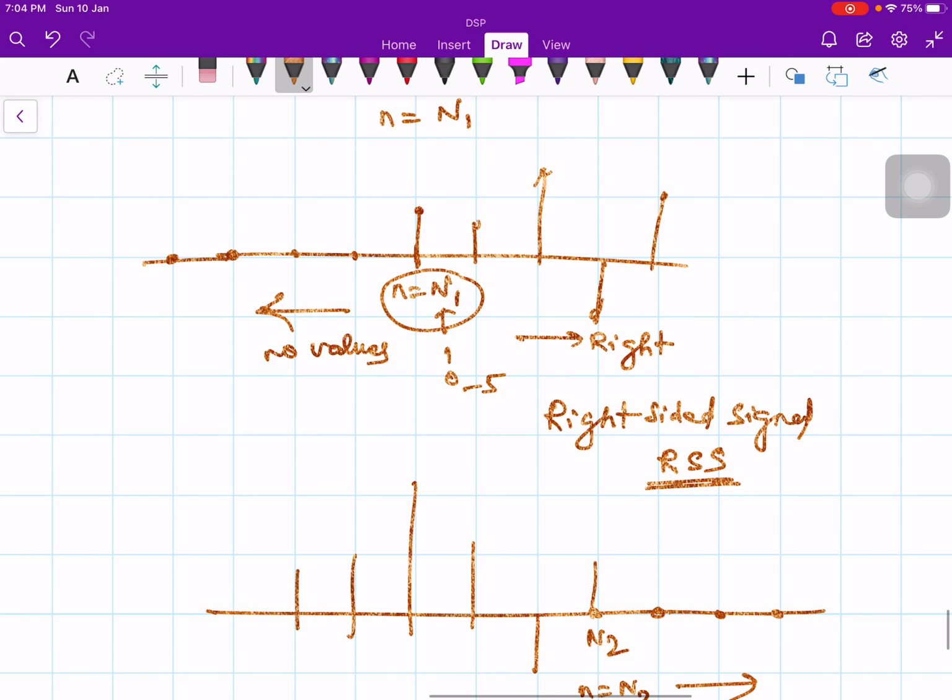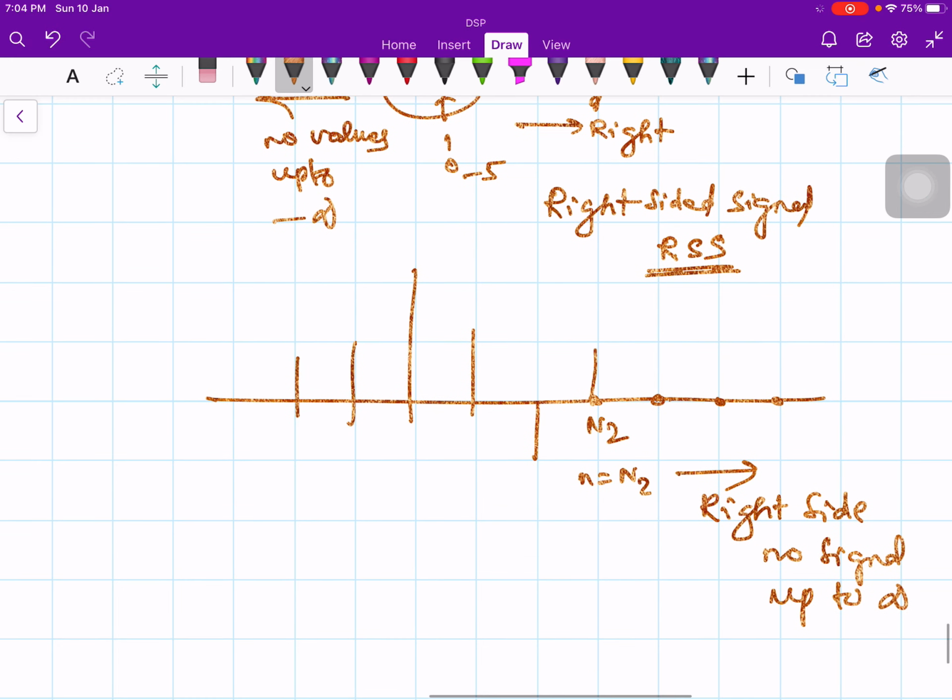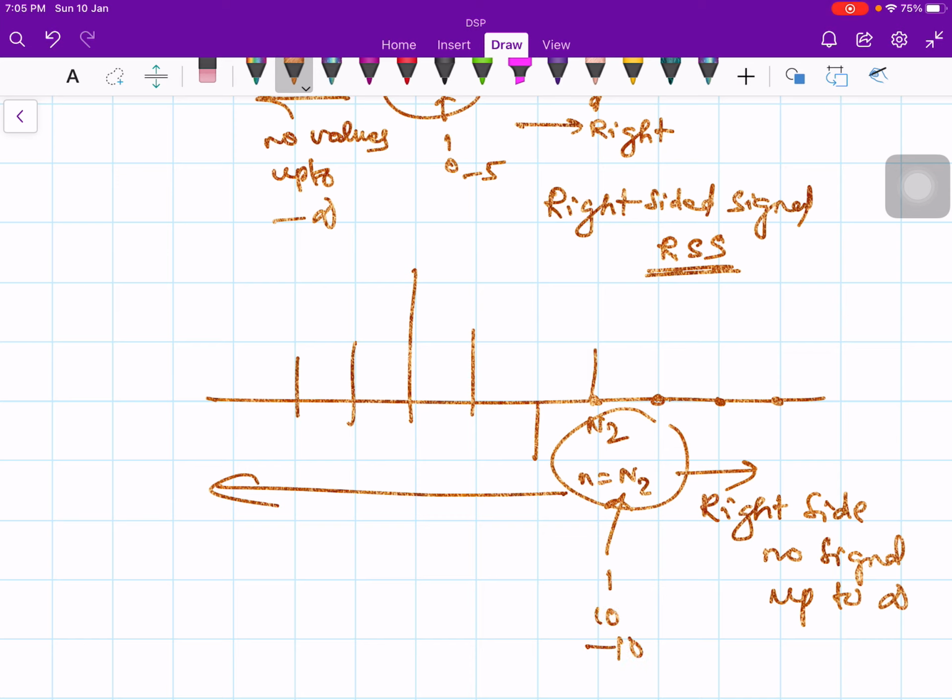Here also no values up to infinity, minus infinity. But the signal exists to the left of this value. Okay, this N2 can be anything, again as I said, 1 or 10 or minus 10 or whatever it is. So such a signal is called a left-sided signal, LSS.